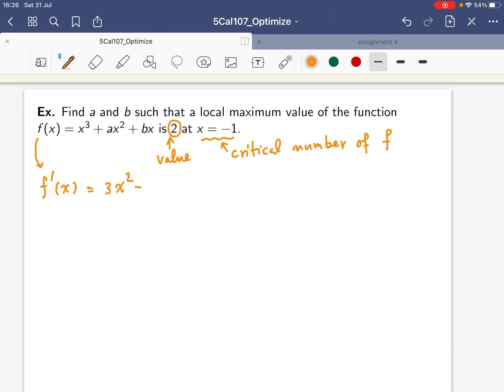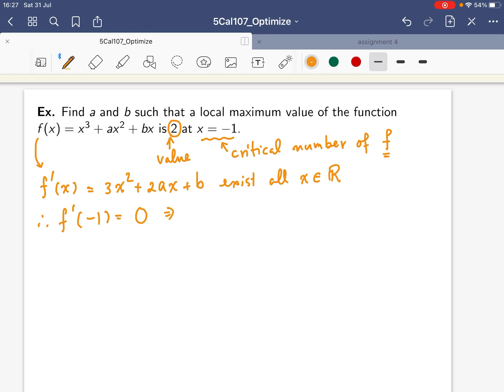So let's look at f prime, which is 3x squared plus 2ax plus b. This exists for every real number x because it's just a polynomial, right? So the critical number must be the one that makes f prime equal to 0. So at this point, your f prime at -1 is 0.